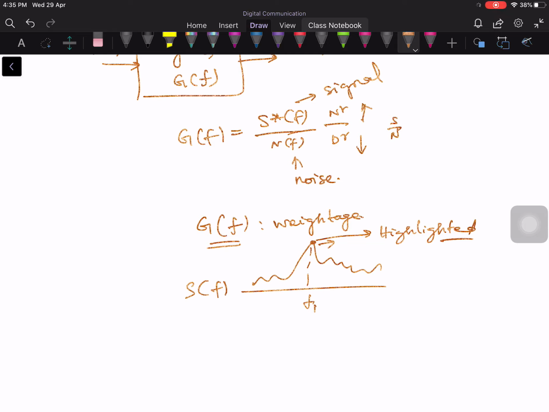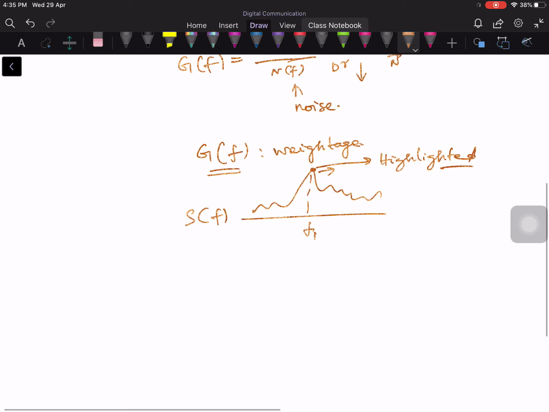The frequency components which contain energy from the noise are the ones which are suppressed, because the noise component is in the denominator. Whenever the noise is more, that will decrease the signal to noise ratio. That means your noise component will not be amplified at the output.